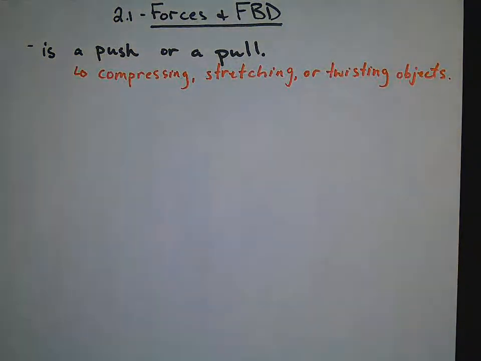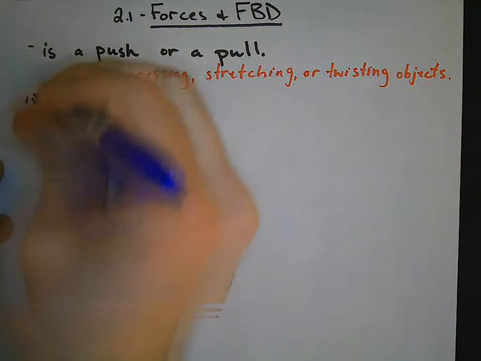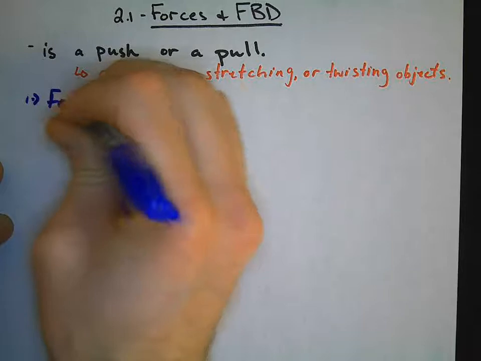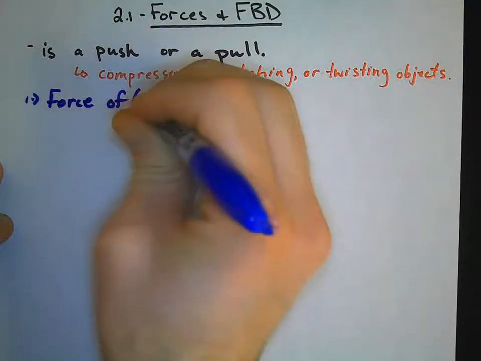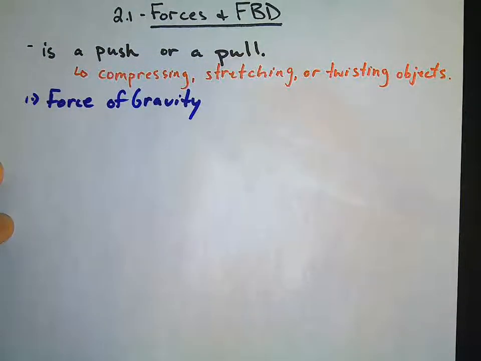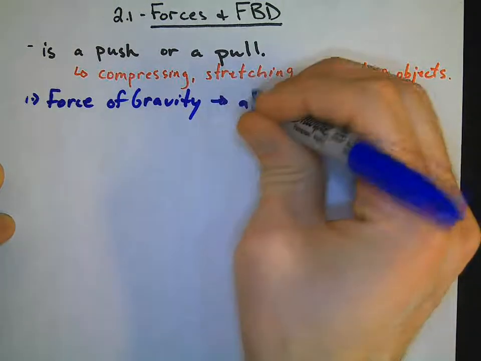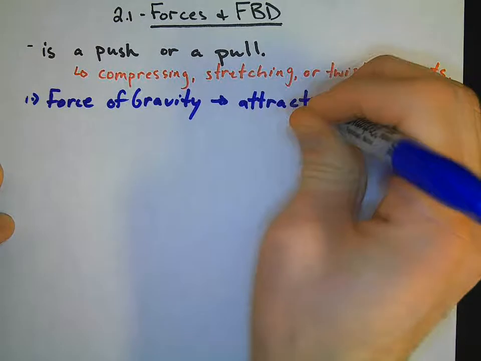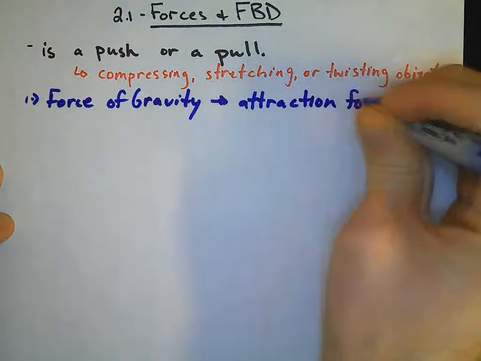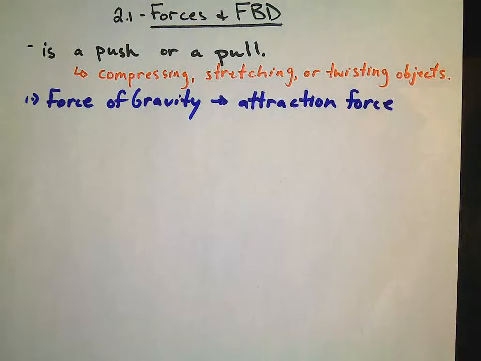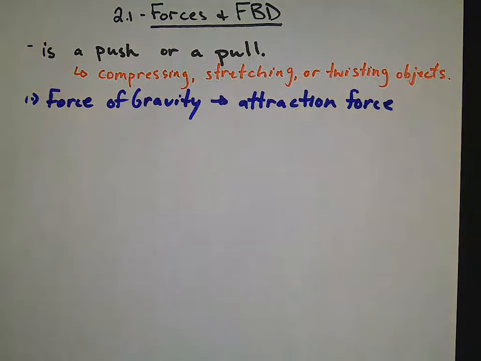And let us recall a few basic types of forces that we have. The first type of force that we could have is the force of gravity. And remember that the force of gravity is an attraction force. And we can calculate the force of gravity fairly simply.